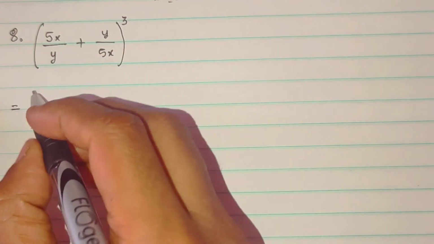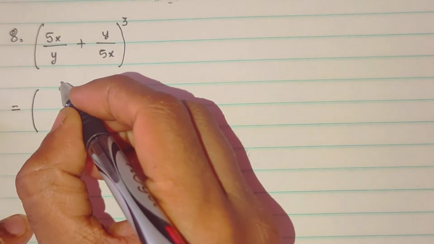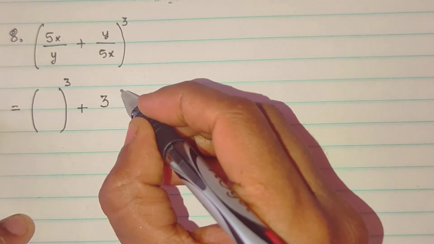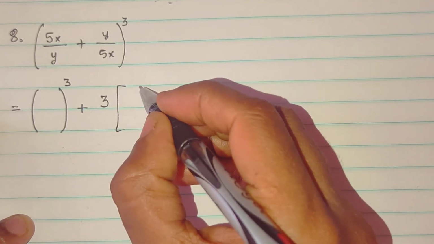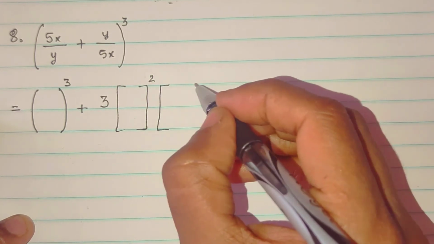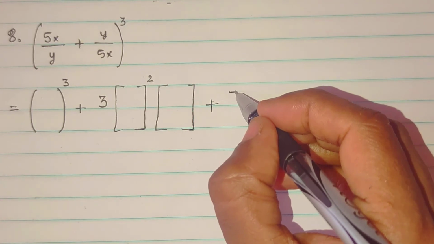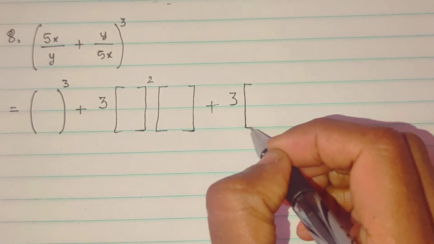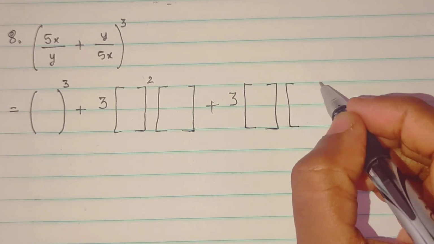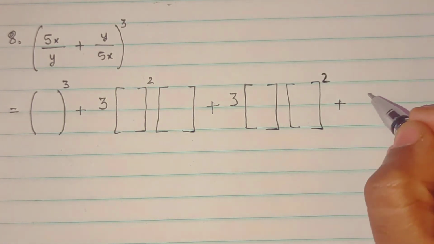This is our A. So a cube plus 3 into a square into b, then 3 into a into b square, and then b cube.